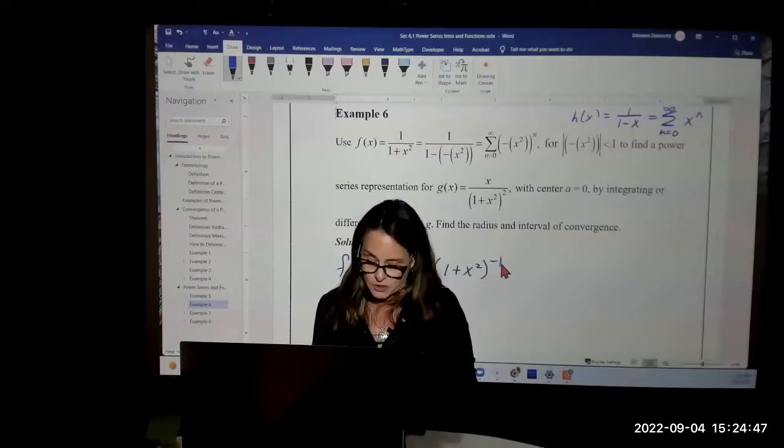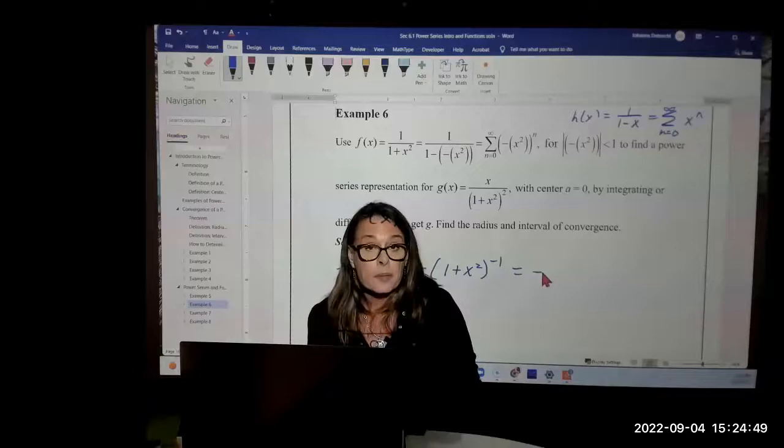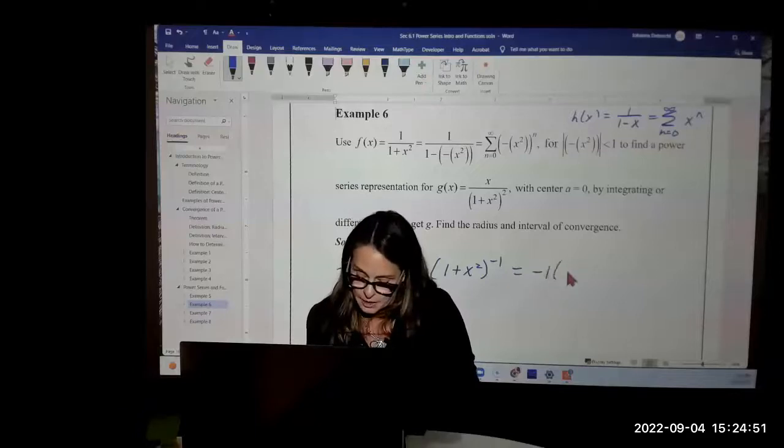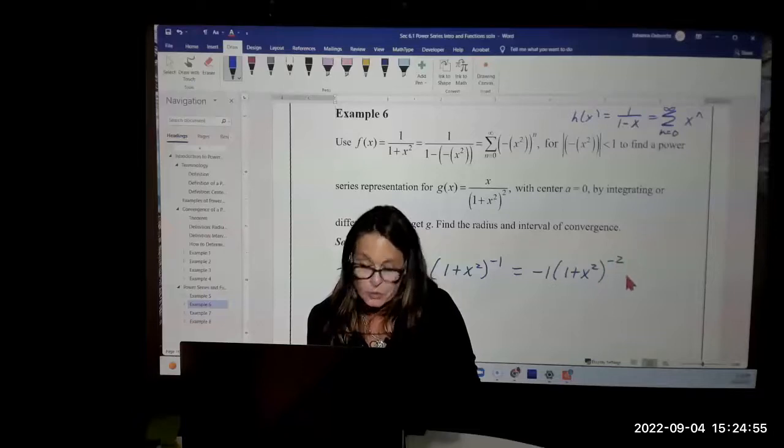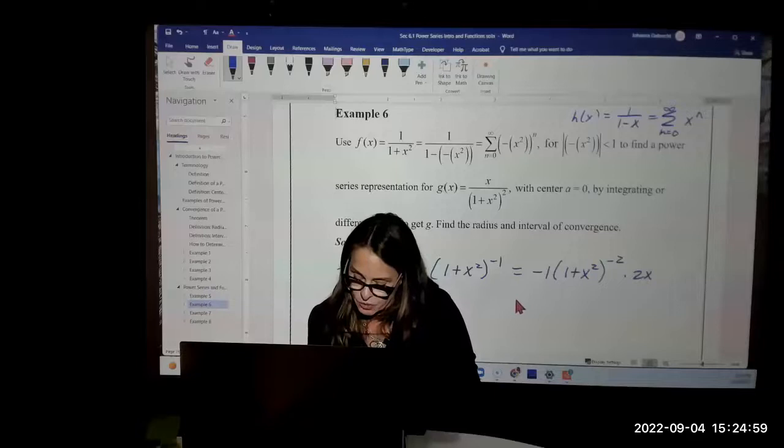It just makes it easier to take the derivative. So we apply the power rule, negative 1 plus x squared to the negative 2, chain rule, times 2x. And then I can drop the power part back to the denominator. So I get negative 2x over 1 plus x squared quantity squared.